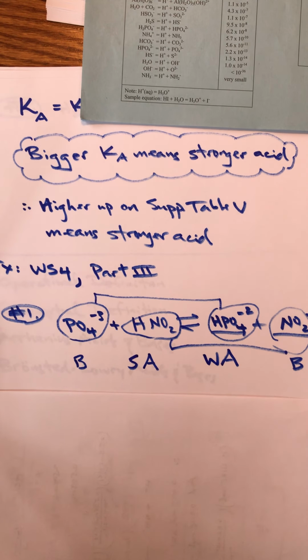Now, there is an analogy here. If you're a strong acid, you are highly motivated to donate that proton. After you give away that proton, you don't want it back. A strong acid will have a weak conjugate base. A weak acid will have a strong conjugate base. It's kind of like I had this shirt when I was in 5th grade.